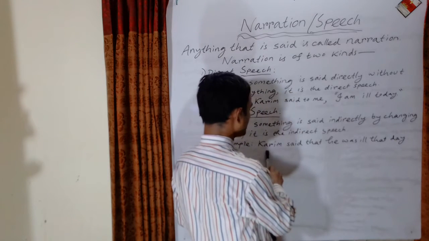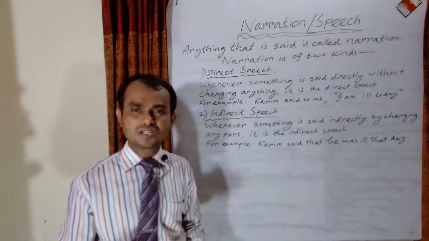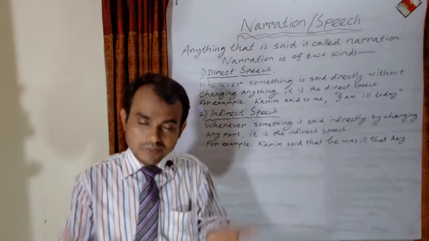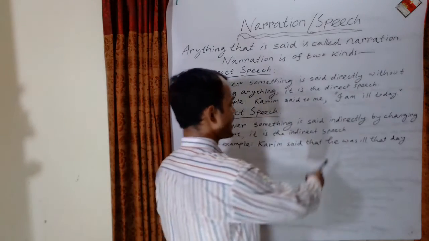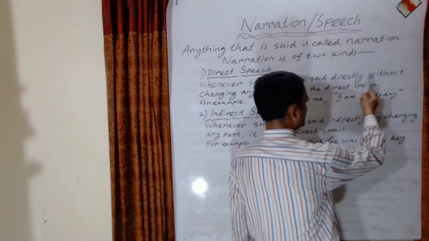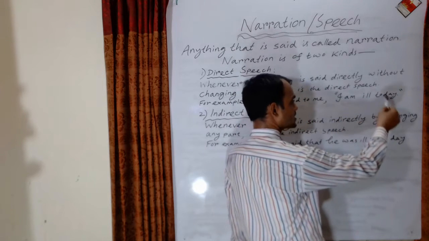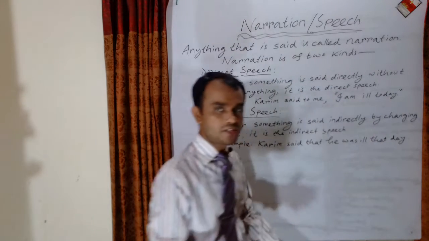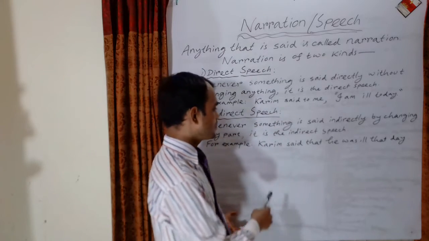And in indirect speech, Karim said that he was ill that day, it is without inverted commas. Whenever you see any speech without inverted commas, it is indirect speech. "I am ill today" is direct speech because this is the direct word of Karim. Without changing anything, this speech has been installed. And it is also identified with the inverted commas. Whenever you find any inverted comma, this speech would be direct speech.